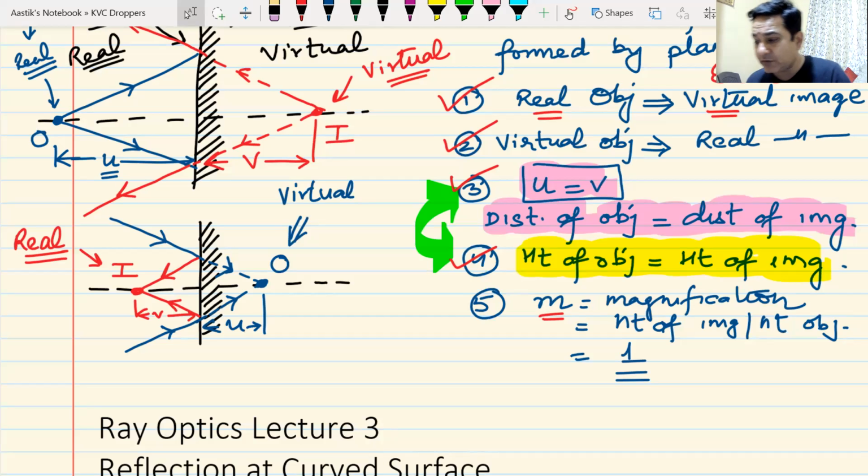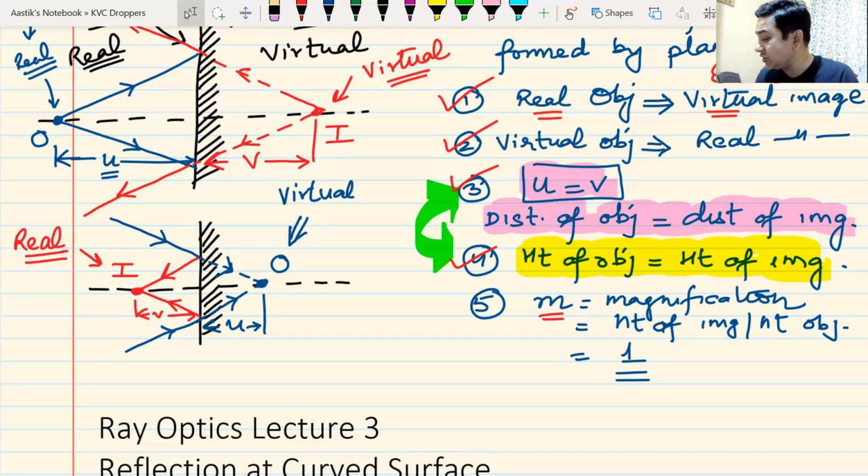Did you see that green arrow that I had drawn in the previous class? And I also told you that they are related to each other. Distance of the object, distance of the image, height of the object and height of the image, they are related to each other. Yes or no? Yes, sir.